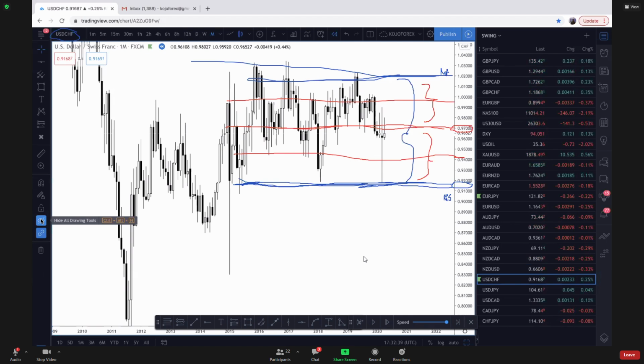Now let's look at the reasoning behind that. If you look at this, you can clearly see that when I chose a monthly support of 0.9200, you may want to ask yourself, why did the market decide to tap exactly on 0.9200 and then reverse? These are footprints of big players, or footprints of institutional traders.